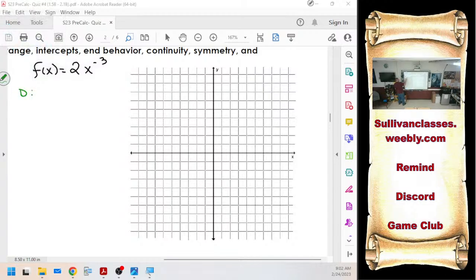What's that? I want domain, range. I can, yep. You don't have to. Intercept, continuity, symmetry, what else? Increase, decrease, and limits.